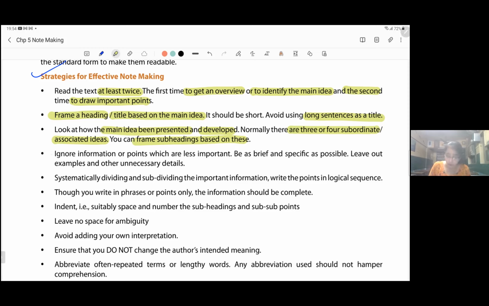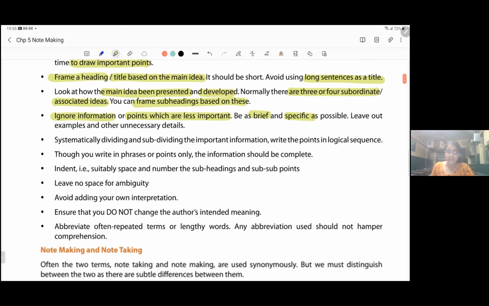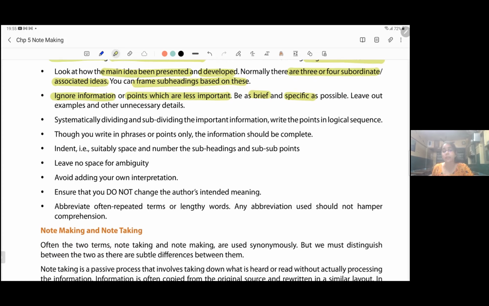Ignore information or points which are less important. What is not important, there is no need to include that. Be as brief and specific as possible. Leave out examples, and if you feel there are unnecessary details, leave those too, no need to write them. Systematically divide and subdivide the important information, and write the points in a logical sequence. Though you write in phrases or points only, information should be complete. We will write in phrases, or only headings and subheadings, but from the headings we give, it should be clear to the reader what we are trying to say.